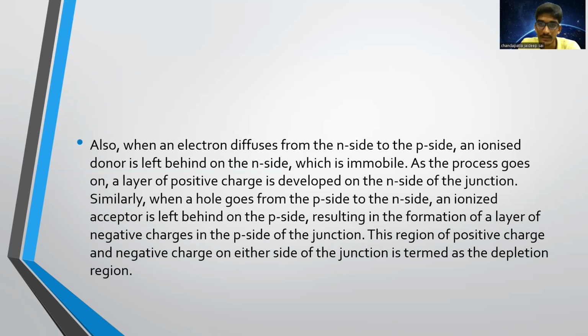As we know, in the p-type we have holes and in the n-type we have free electrons.